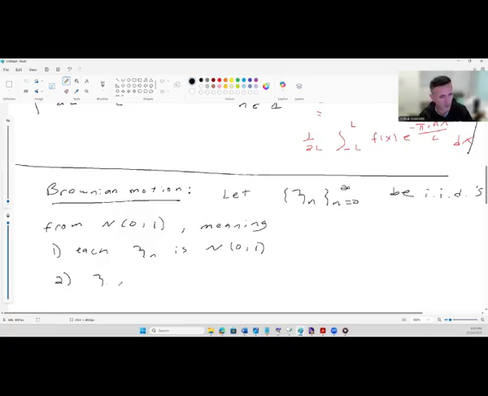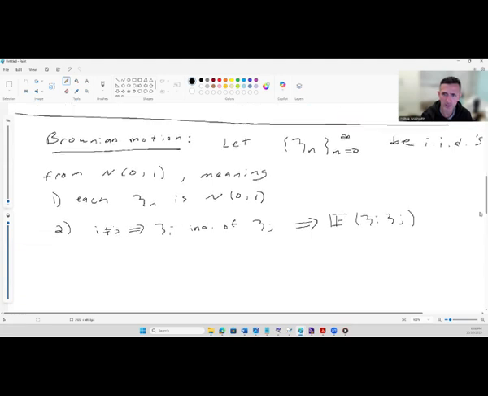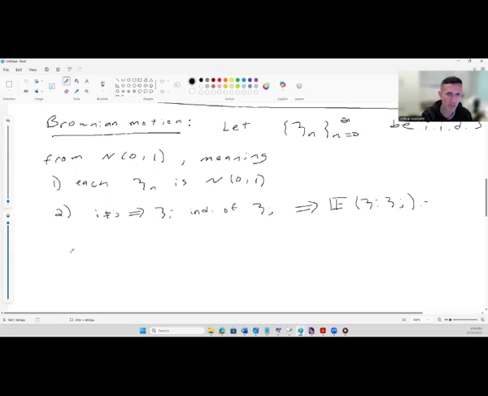So that implies independent for i not equal to j. And what's important here is that the expectation, therefore, of this is going to be 0, because independence says that there's going to be a product of expectations.